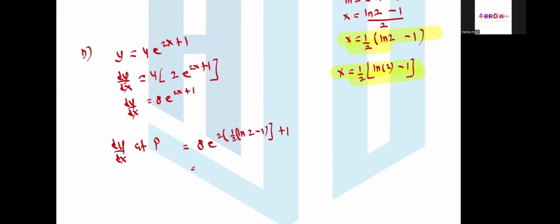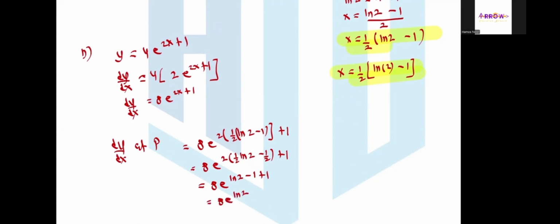Okay, so this means 8 times e raised to the power of what? 2 is completely multiplied by half ln 2 minus half, and then plus 1. So 8 multiplied by e raised to the power of ln 2 minus 1 plus 1, which means 8 times e raised to the power of ln 2.